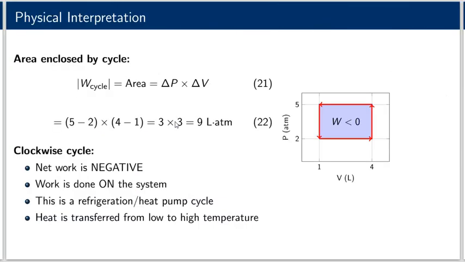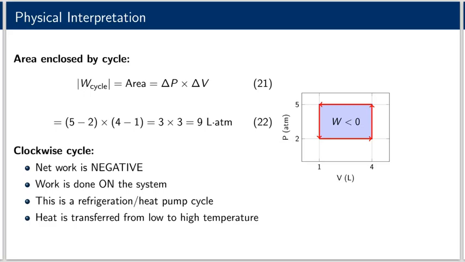Now again, the total cyclic work is the sum of all 4 processes. We already know the 6, then everything we did, and finally we got the total work done, that is minus 9 liter atm for the cyclic process. Here you have to remember what kind of cycle it is.